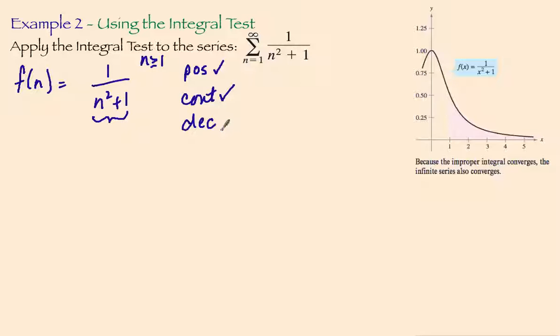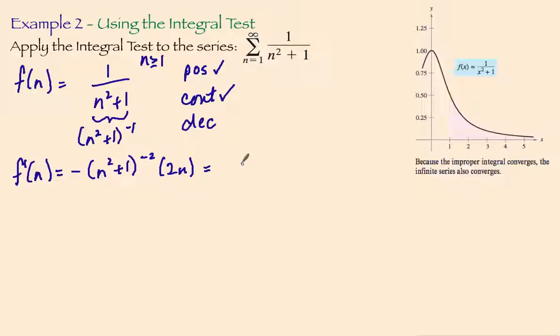To determine whether or not it is decreasing, we're going to have to take the derivative. So f prime of n is going to be, let's actually rewrite this function as n squared plus 1 to the negative 1 power. That will be negative n squared plus 1 to the negative 2 times the derivative of the inner function, which is 2n. So we end up with negative 2n over the quantity n squared plus 1 quantity squared.